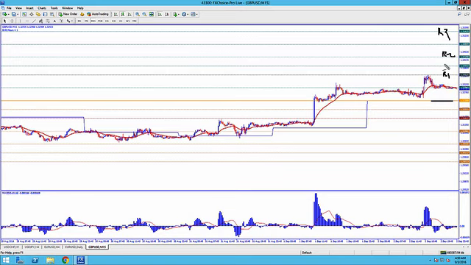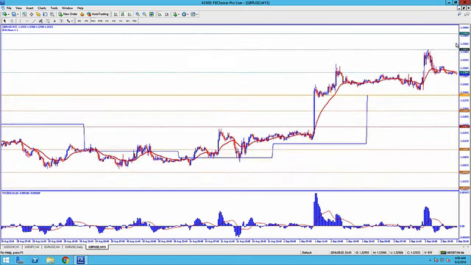These are the levels to watch for the next day. So going into the next day, looking at support and resistance from the prior day, you would look at this level and that level as support and resistance to watch.